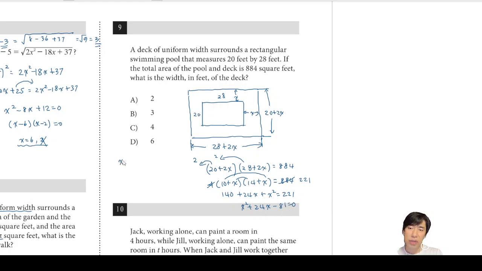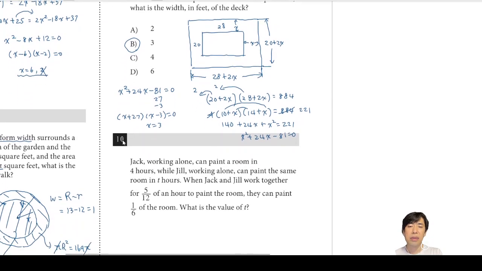Okay, let me write it down here. x squared plus 24x minus 81 is equal to 0. We can use 27 and negative 3. Okay, so x plus 27, x minus 3 is equal to 0. x cannot be negative, so x must be 3. Okay, so the answer is B.